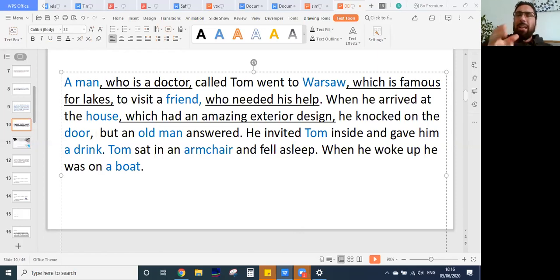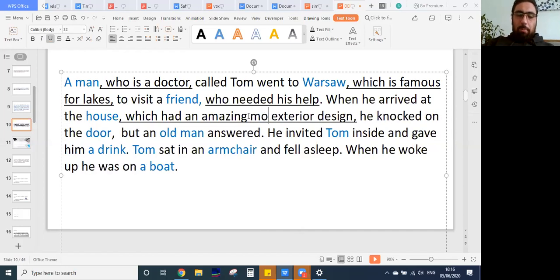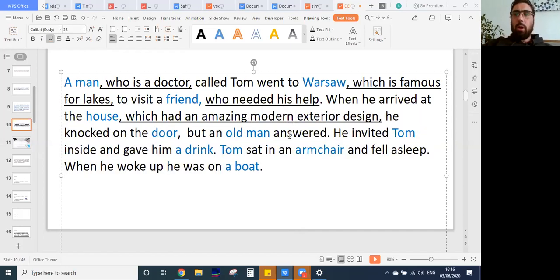So we said it had an amazing exterior design. Let's say an amazing modern exterior design, so we're not making it old. He knocked on the door. Ah, I like that. Which was already open. That could mean something, yeah? That could mean maybe something's happening here. Okay, so let's go for that.